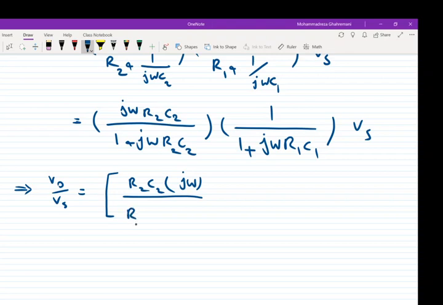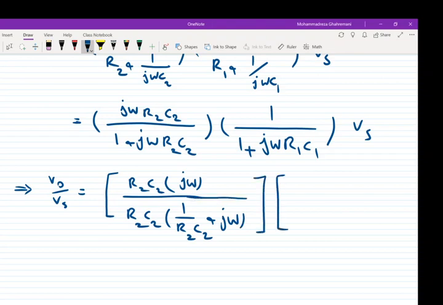In the denominator we say R2C2 times 1 over R2C2 plus j omega. So for the second parenthesis, for the numerator we keep 1, and for the denominator we factor out R1C1, so it's equal to 1 over R1C1 plus j omega.